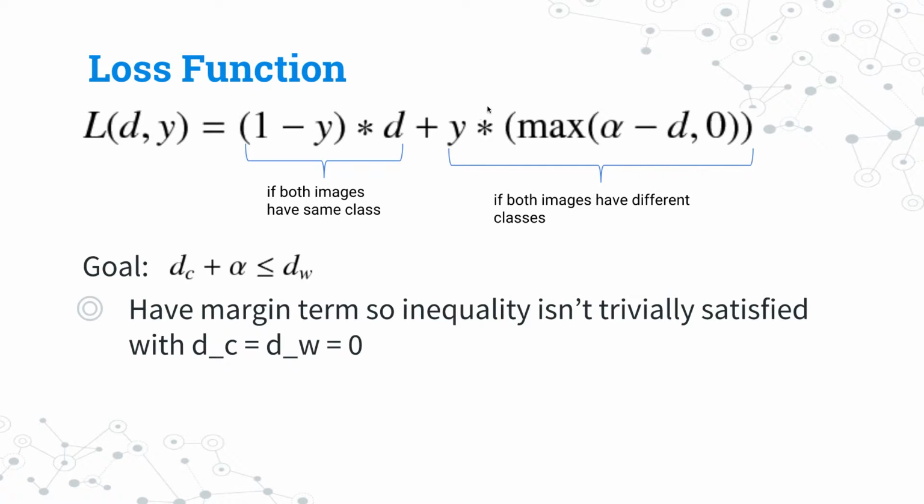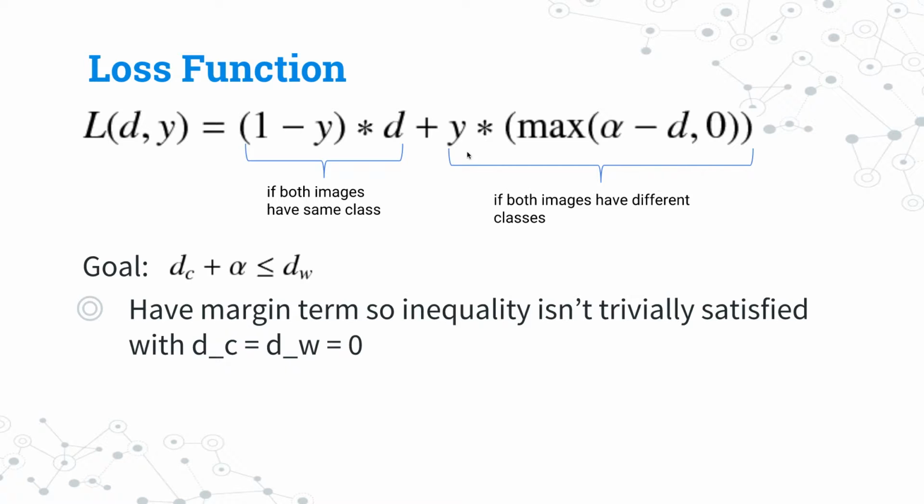So when y is equal to 0, this whole term will cancel out because it's 0 times something, so that all goes away. And 1 minus 0 is 1, so the loss will be equal to d when y is equal to 0. So when they're both the same class, the loss is equal to d. And d is the distance between both of the images, right? So when we're trying to minimize the loss, we're just trying to directly minimize the distance between both of the images if they're both the same.